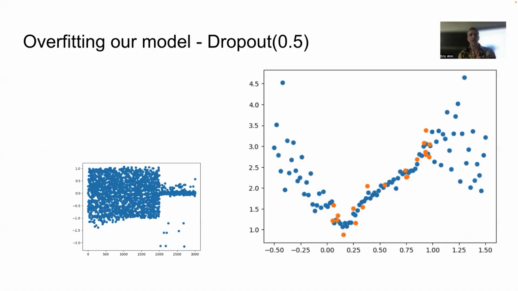Okay. Dropout, I think, is kind of interesting too. So here's what overfitting that same model looks like with dropout, and here you can see it's not as linear as the other ones, and it's still doing weird stuff at the end, but it's got a nice smoothing effect in the middle.